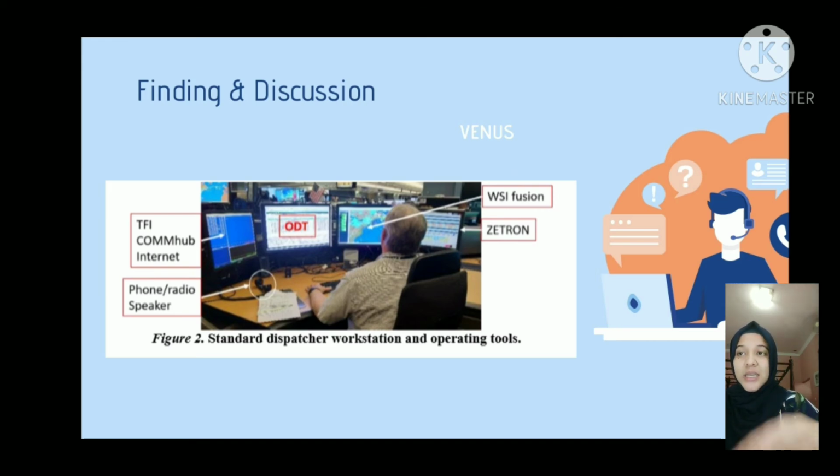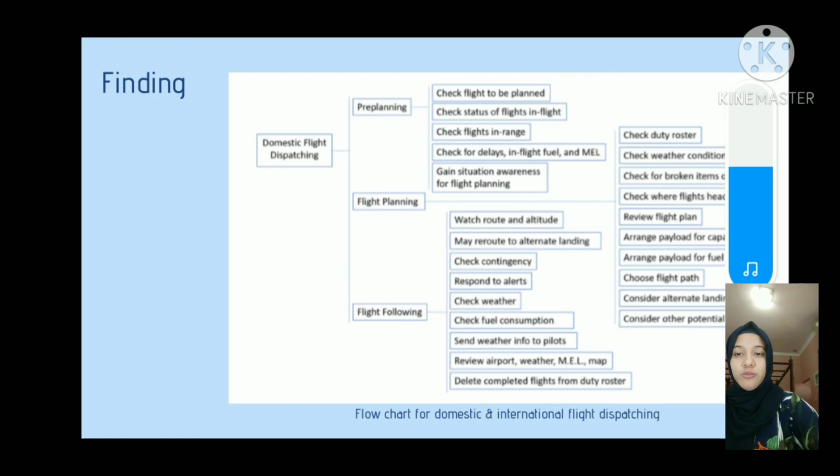And the next, here are the flow charts for domestic and international flight dispatching. The researchers categorized an airline dispatcher's tasks into three general paths: pre-planning, flight planning, and flight following.